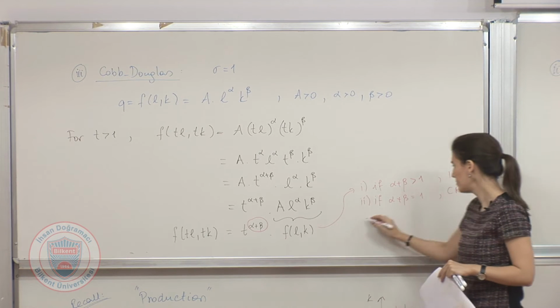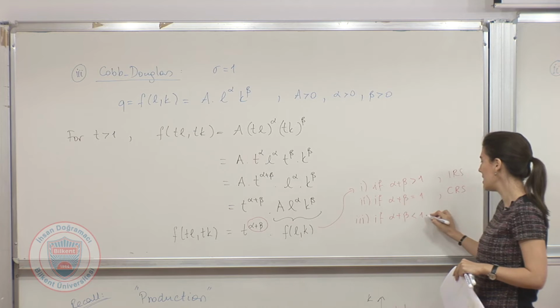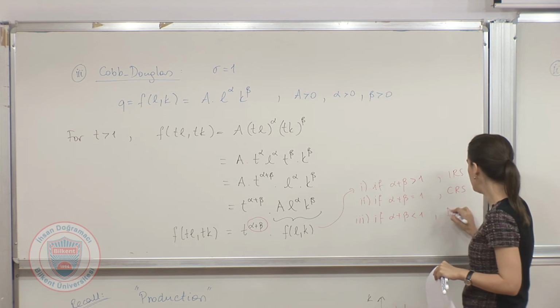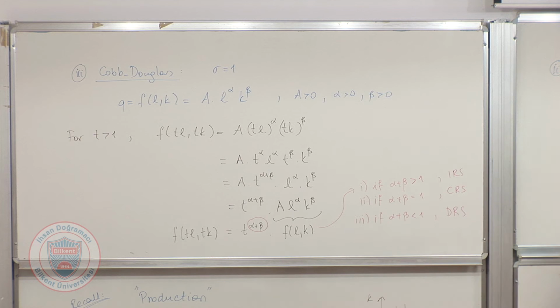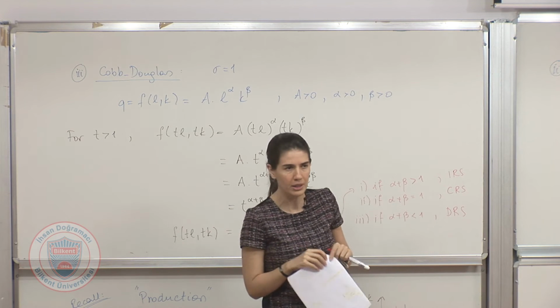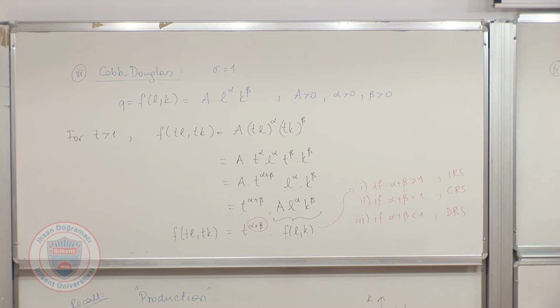And if alpha plus beta is less than 1, we have decreasing returns to scale. So in the Cobb-Douglas case, it depends on the exponents. Now remember, these were all special cases of one general functional form that we have. What was it? Do you remember?